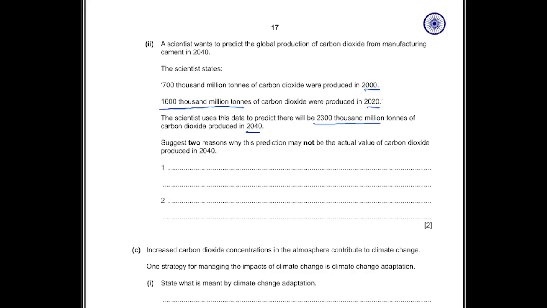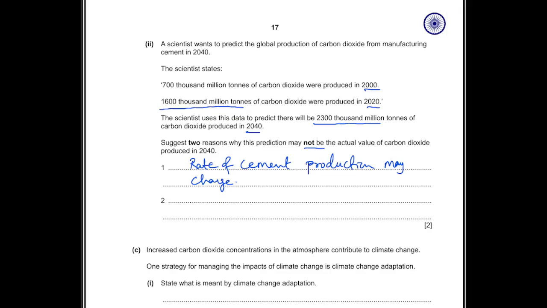Okay, now why it is not an actual value is because the rate of cement production may change, so it will not remain the same, right? Throughout the time it can change. People may find some alternative things for construction purposes, and that is what the thing is.